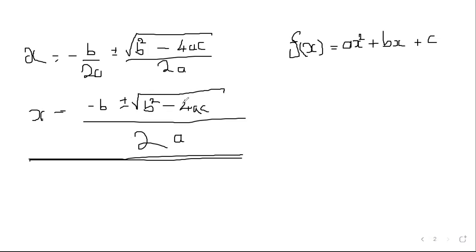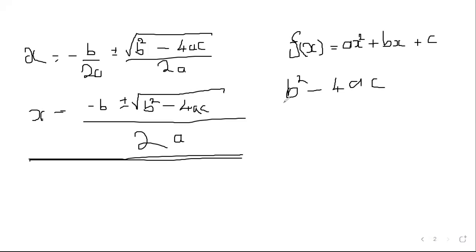So whatever outcome we have in b squared minus 4ac, whenever we solve for this, whatever comes out is what is going to determine whether we are going to have distinct roots or complex or equal roots.